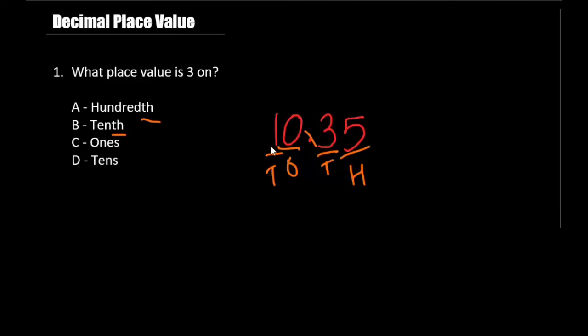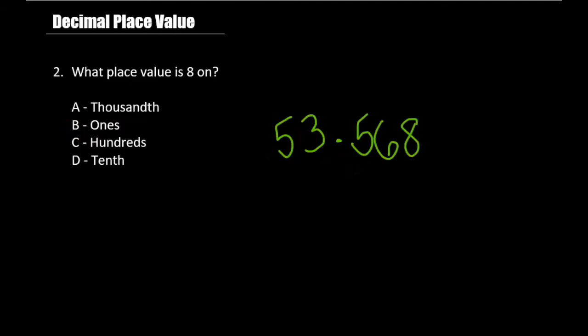The numbers that are to the left of the decimal point are whole numbers, and the numbers that are to the right of the decimal point, the 3 and the 5, are decimals because they are smaller than a whole. So the 3 is in the tenths place with a TH. So our answer is B. Let's go to the next question.